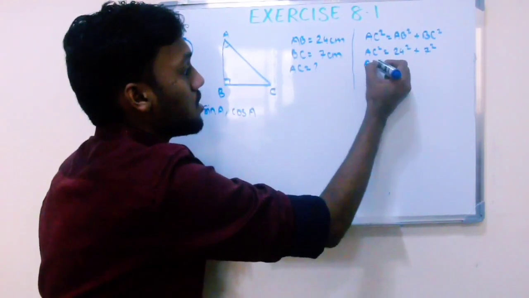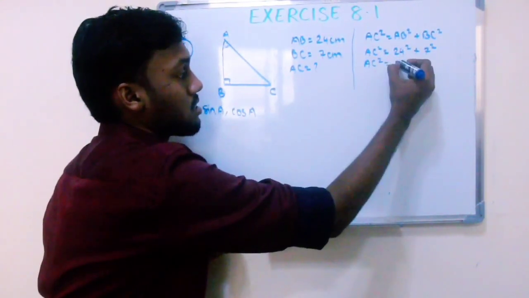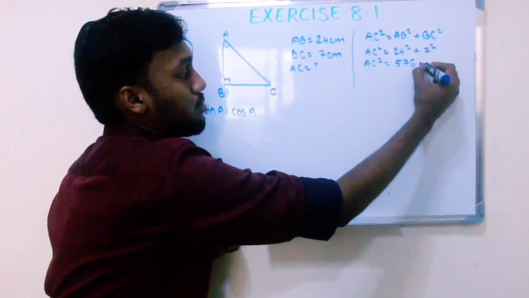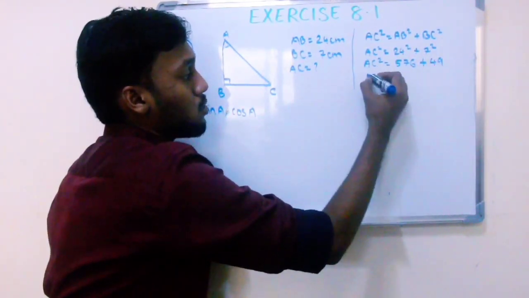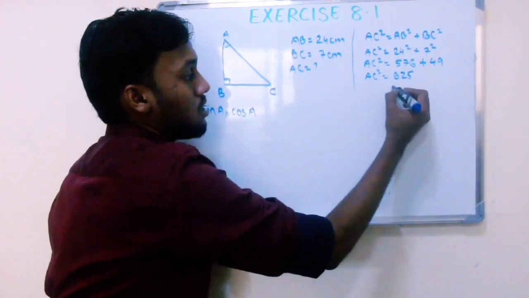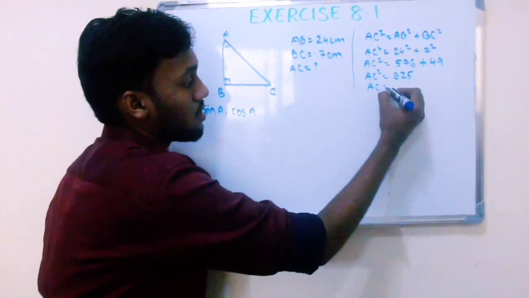Now AC square is equal to, what is 24 square? If I am not wrong, it is 576. And 49 is 7 square, right? And when we add both, we will get 625. Now is 625 a perfect square? So let's take the square root.